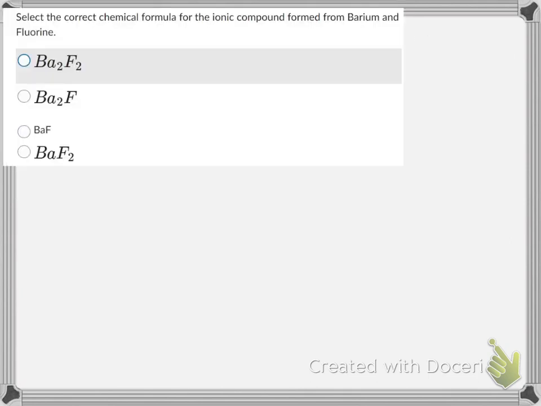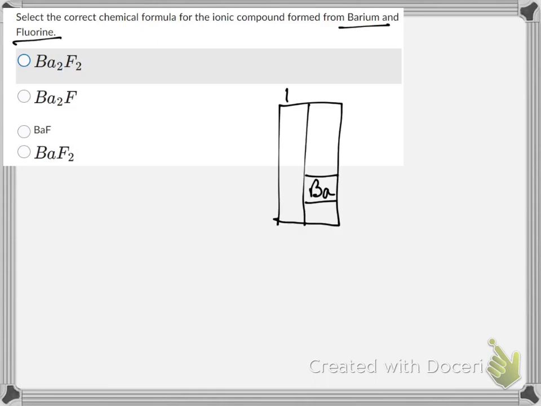Select the correct chemical formula for the ionic compound of barium and fluorine. So let's take a look. First of all, where is barium?